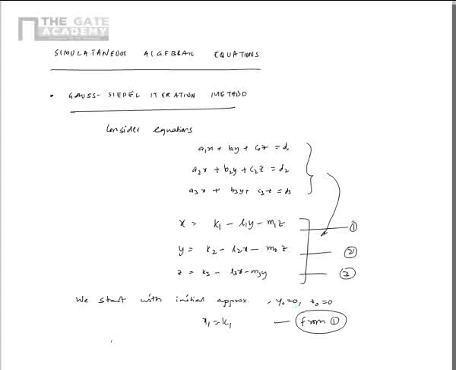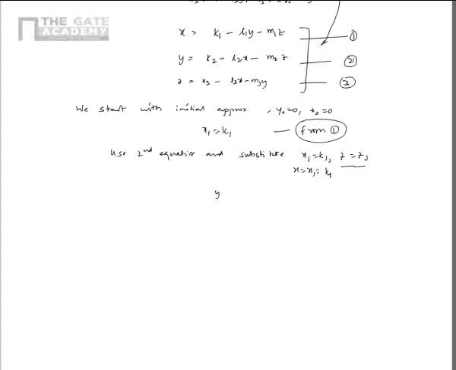Now we use the second equation and substitute x is equal to x1, which is k1, and z is equal to z0. So we get y1, which is k2 minus l2 x1 minus m2 z0. This is how we get an approximation.